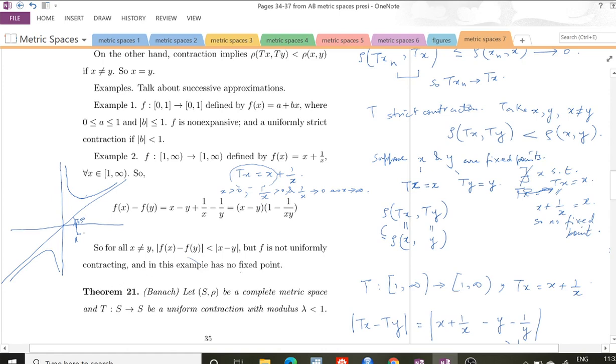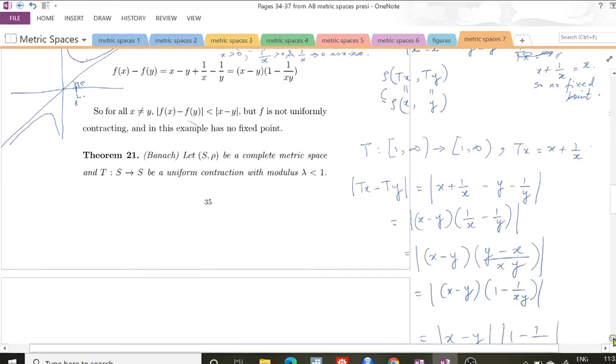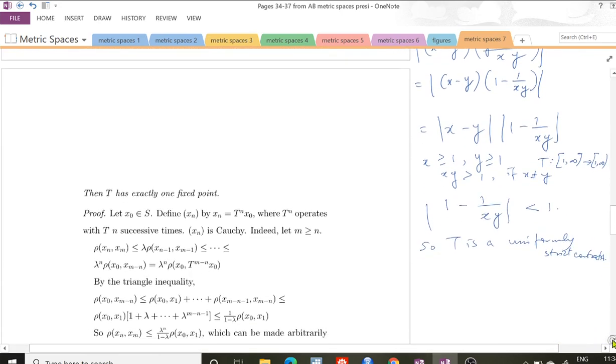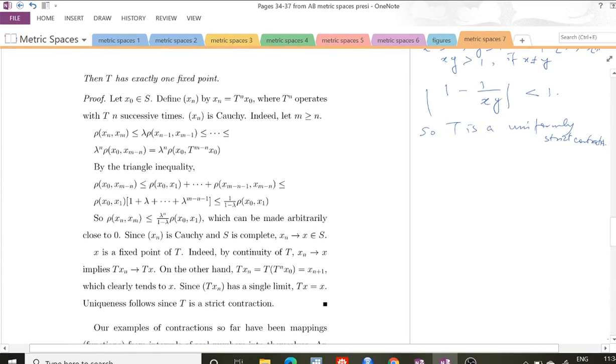Right. So we come to the main theorem, which is Banach's contraction mapping theorem, which says, suppose (S, rho) is a complete metric space, and suppose T from S to S is a uniform contraction with modulus lambda less than 1, then T has exactly one fixed point. And here is the idea of the proof.